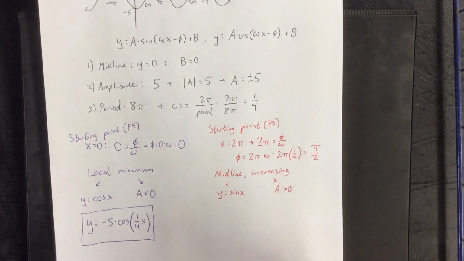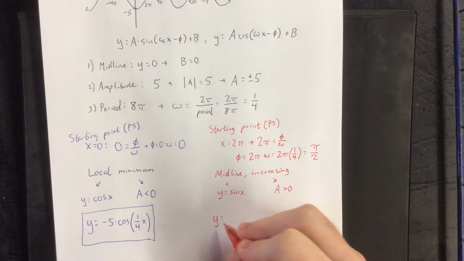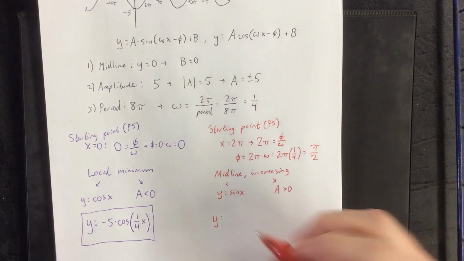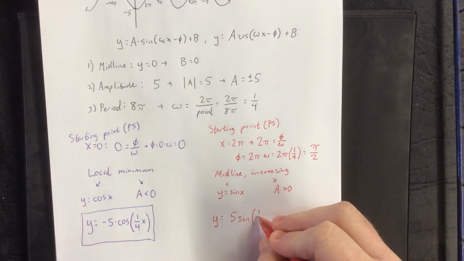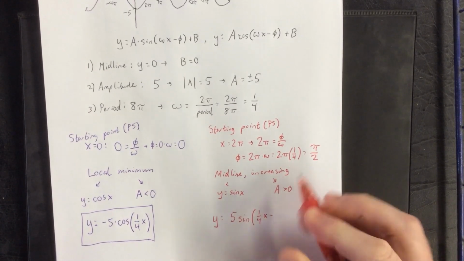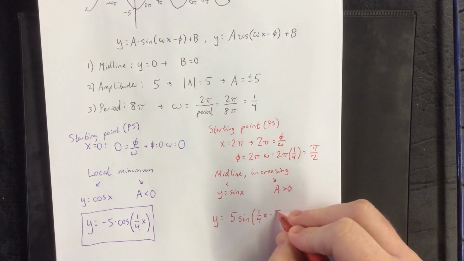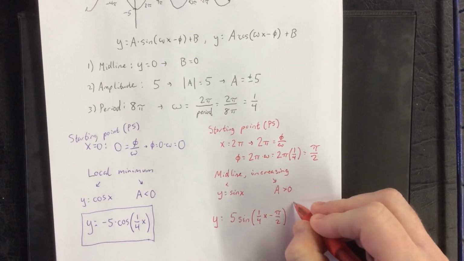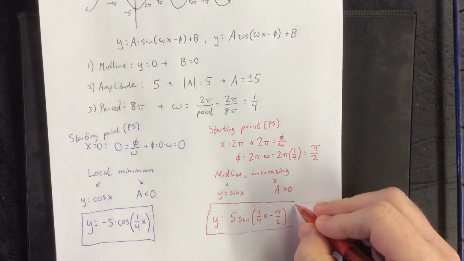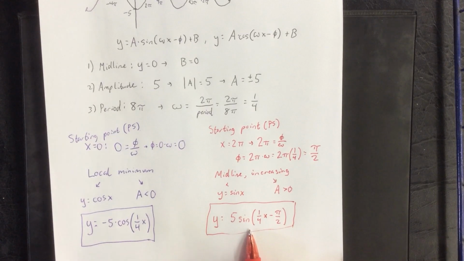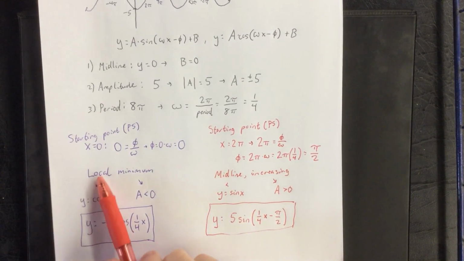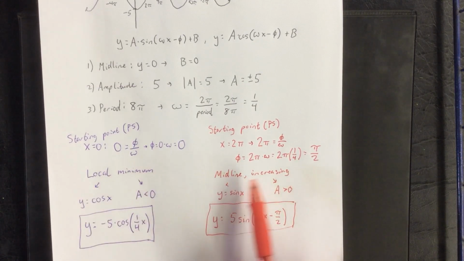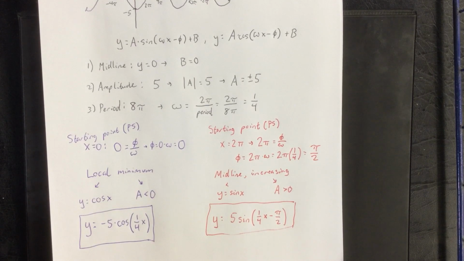Putting all of these aspects together, that lets me know y is equal to a, we'll be using positive 5 this time, times the sine of omega x minus phi plus b. Once again, b is equal to 0. So this would be another form of a correct answer for this function. Now, depending on whether you start at a local minimum or local maximum, midline increasing or midline decreasing, there are lots of different ways that you can express a correct final answer.